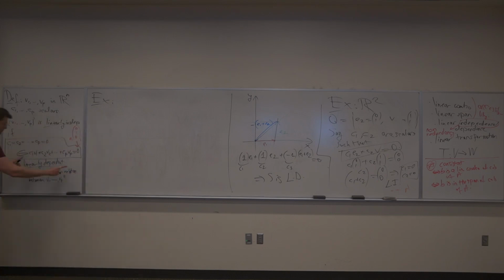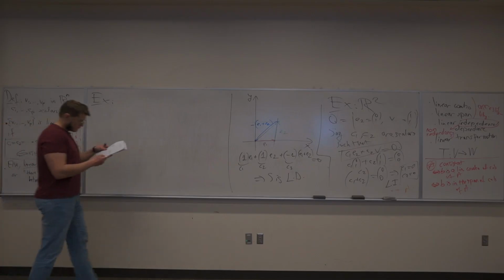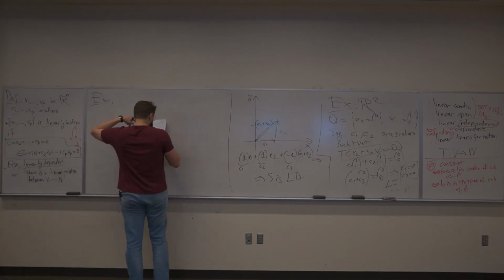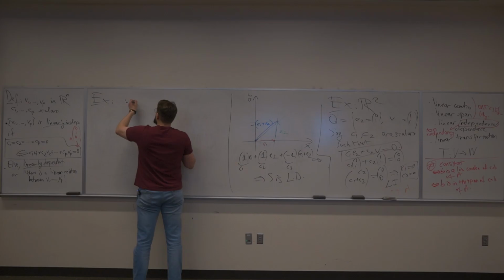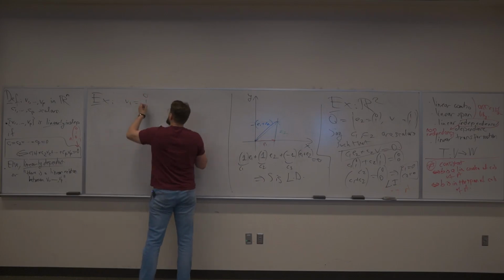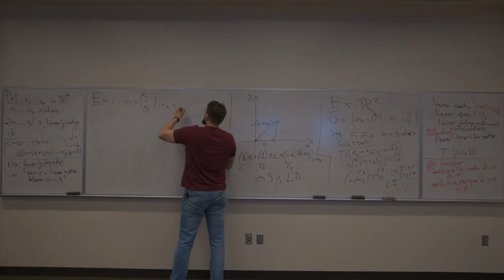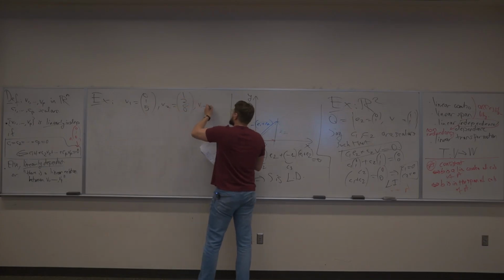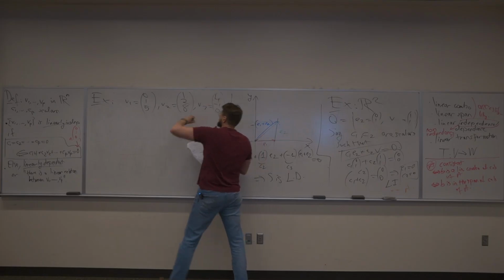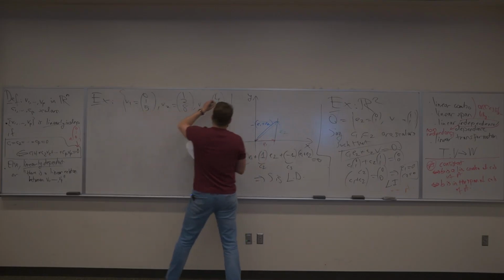Because you see, this again is a linear combination. So for instance, say V1 is 0, 1, 5. V2 is 1, 2, 8. V3 is 4, minus 1, 0. That's your set of vectors.